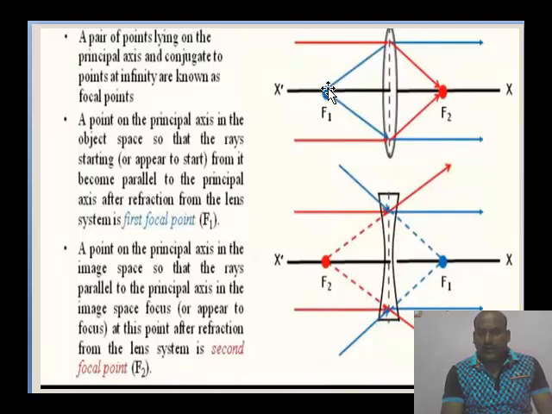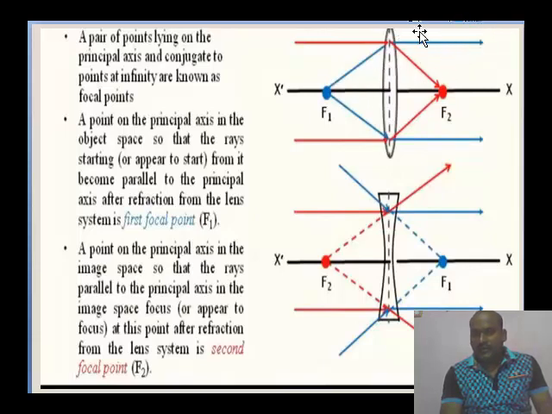If there is a point from which the rays start on the principal axis, with an upper ray and a lower ray incident on the convex lens, the rays incident from the principal point on this convex lens pass through as parallel beams.